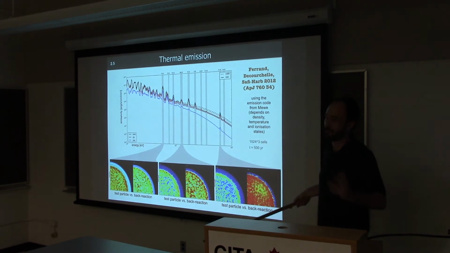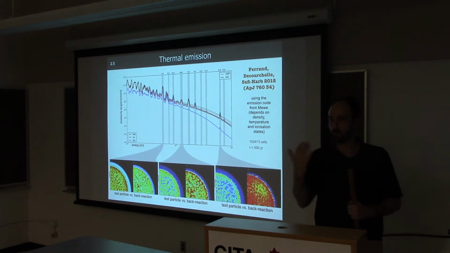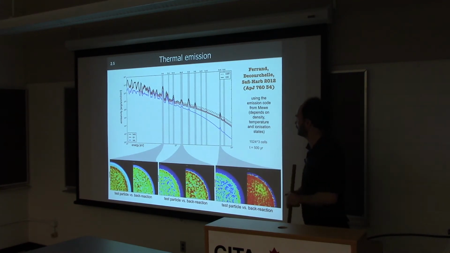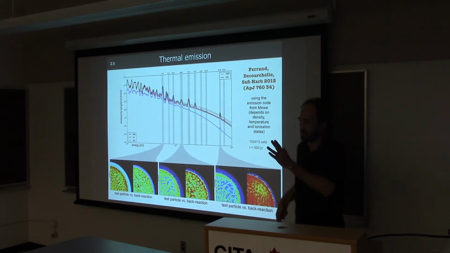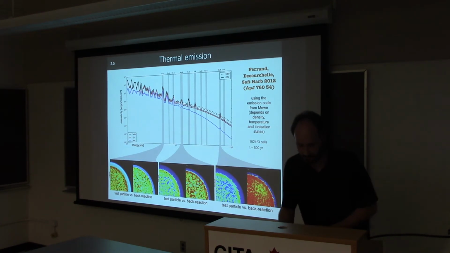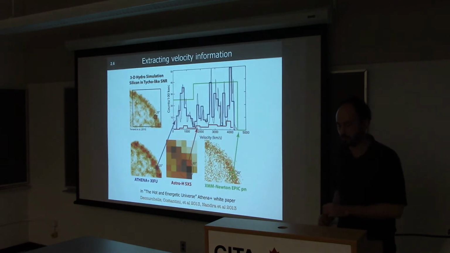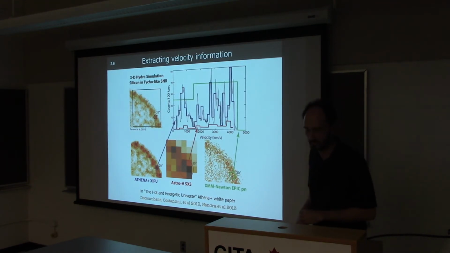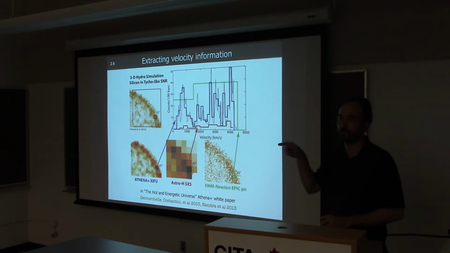That's integrated, but these are 3D simulations, so you can produce maps by projecting the cube. You can produce maps of the remnant, and maps in selected bands that correspond to different elements, so you can see how it varies with or without acceleration. Because we have the full 3D cube, we have all the information, so we can do more. We can get the velocity profile along some line of sight.